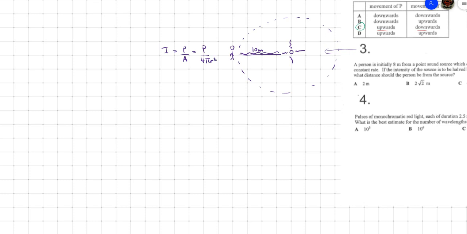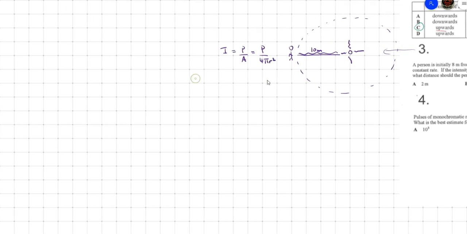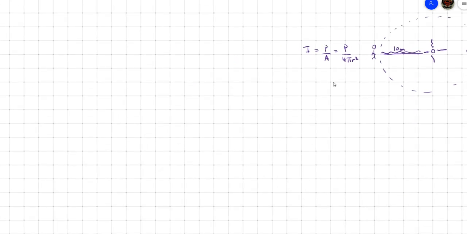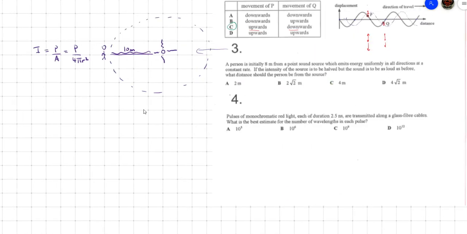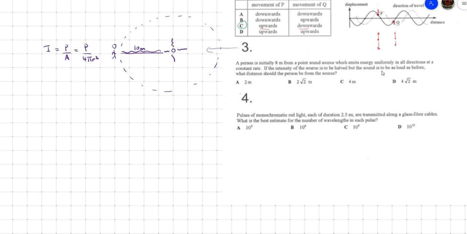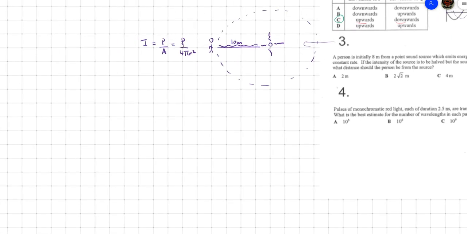So this is a sphere. Now we have no idea what power is, but we do know that the sound has to be as loud as before.